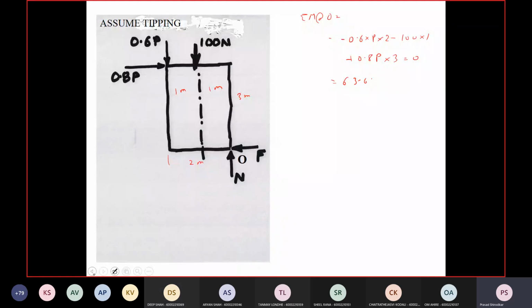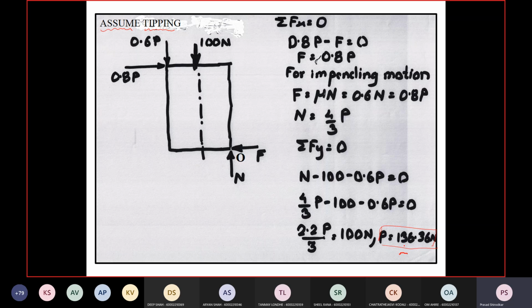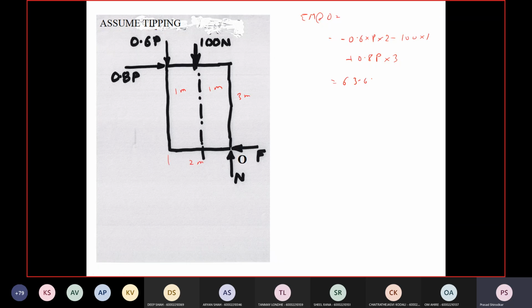You are calculating for P or M? P. Sorry. Substitute the value which we have calculated in the earlier calculation. P is equal to 136.36. Just keep that calculation also. We will be needing that. So put this 136.36 and calculate this summation M about O.